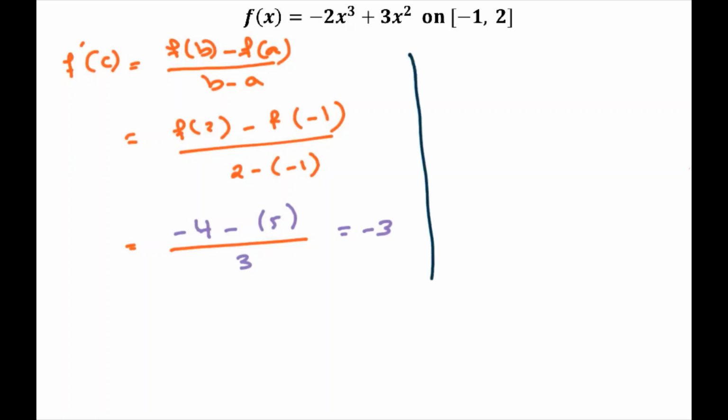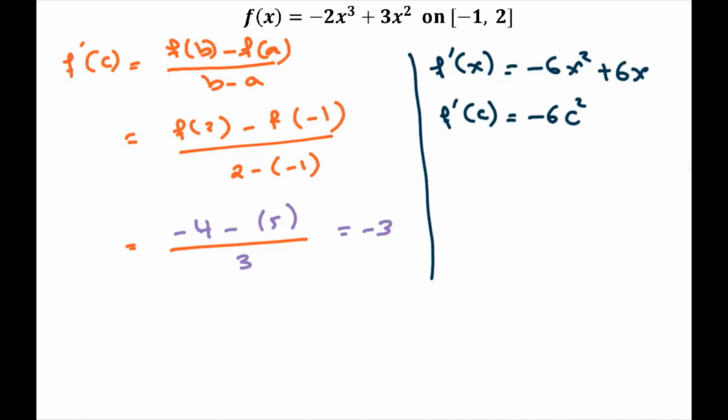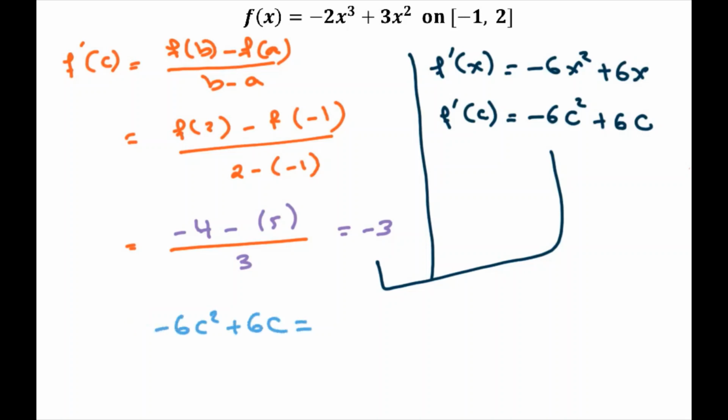Now we need to find the derivative of f(x), which is equal to -6x squared plus 6x. And now f prime of c equals -6c squared plus 6c, substituting c instead of x. And now you want to equate these two, so that's going to be -6c squared plus 6c equal -3.